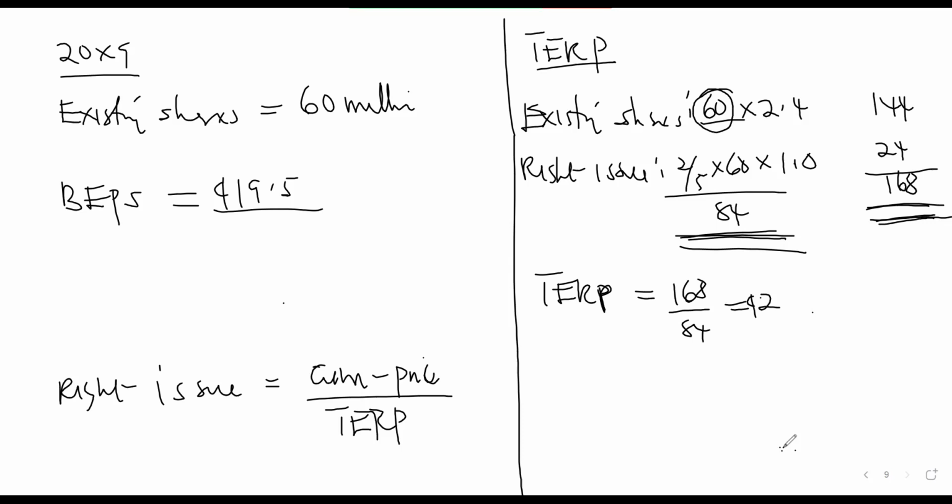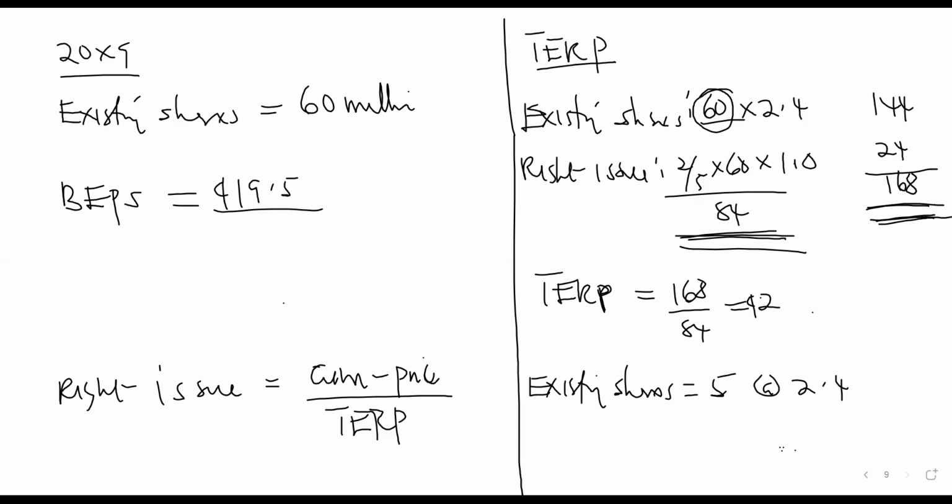So for the theoretical ex-rights price, how many of the old shares are we bringing for the new? We are bringing 5. How much is 1? 2.4.